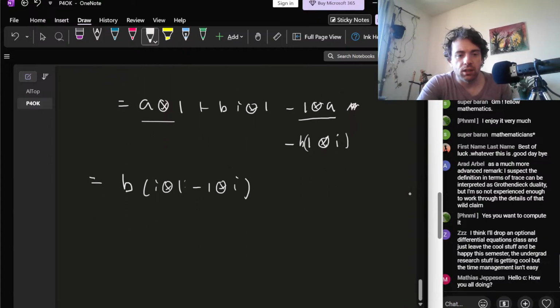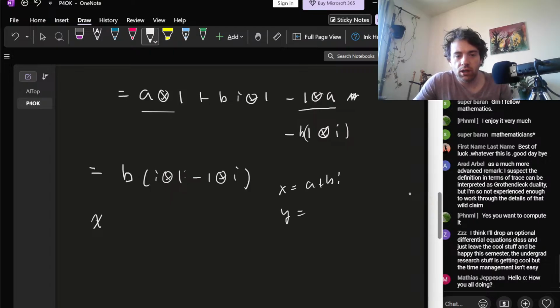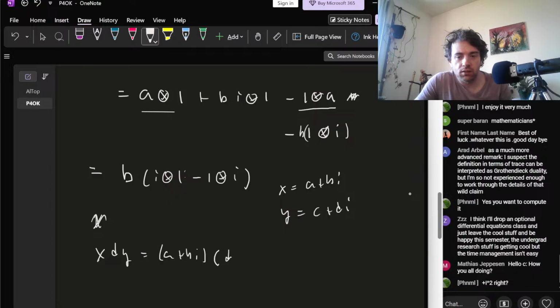And so now, I guess if we compute x, y, so let's now maybe write x like this, y like this, then x dy will be a plus bi times d.